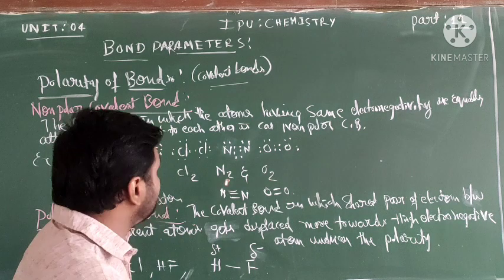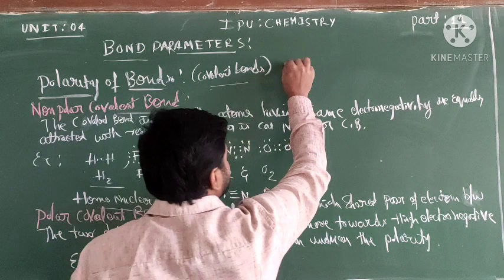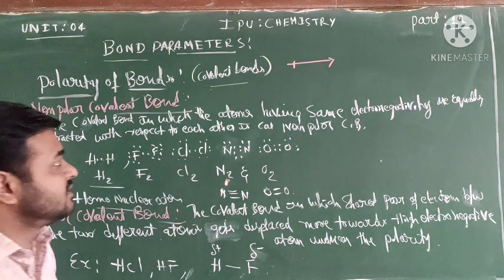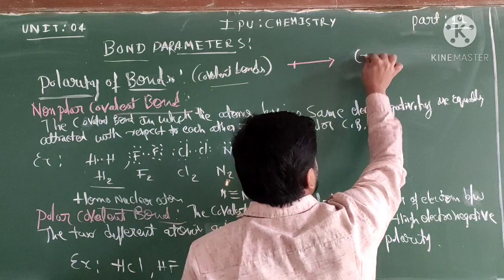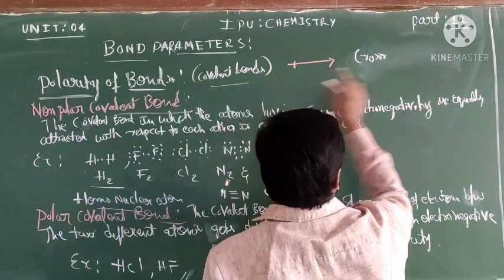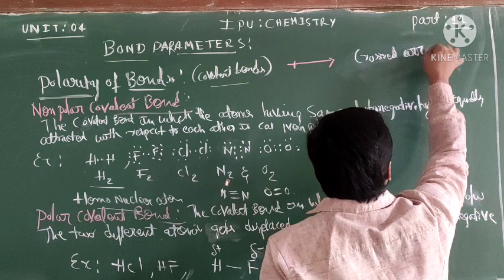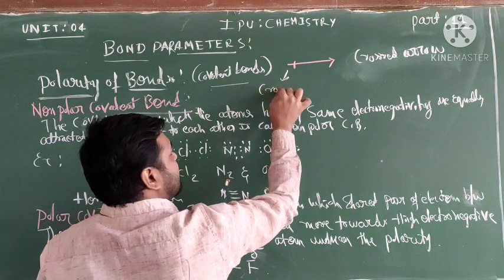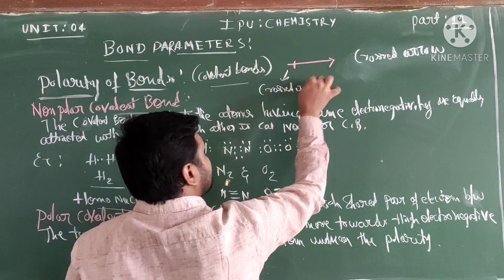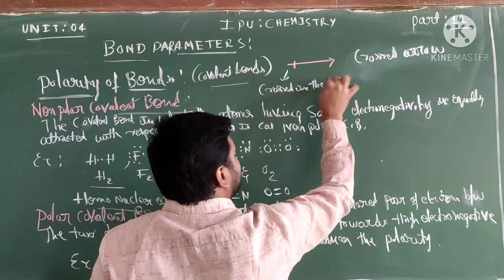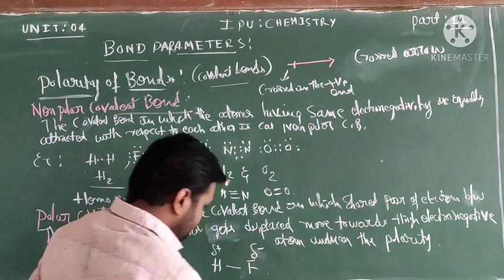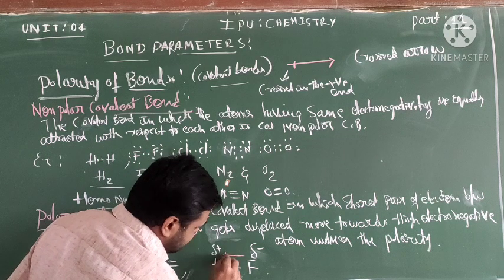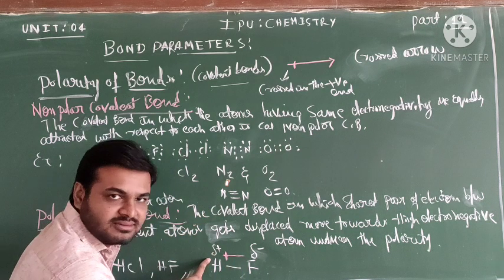The polarity we represent symbolically with a symbol like this, a crossed arrow. The crossed end is at the positive end, because this is the positive atom.